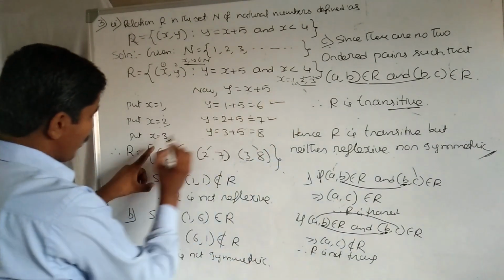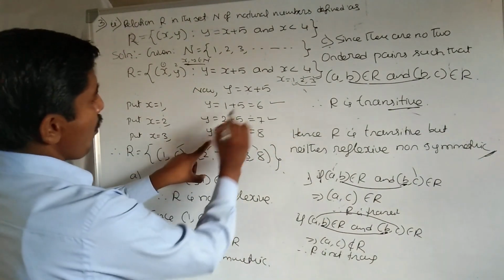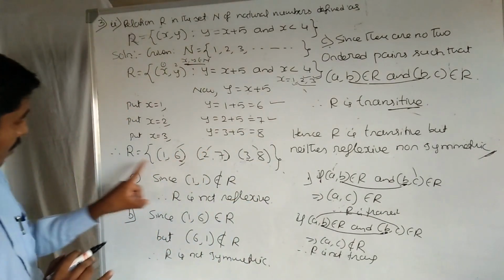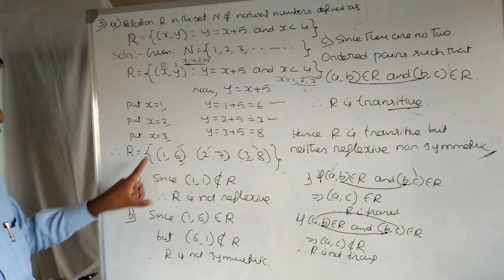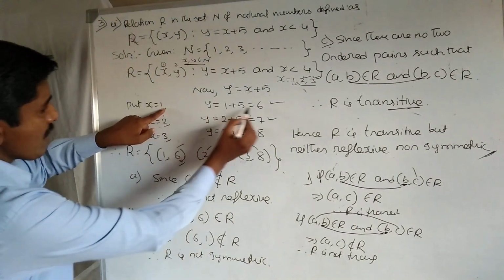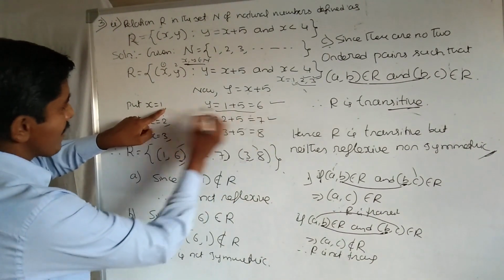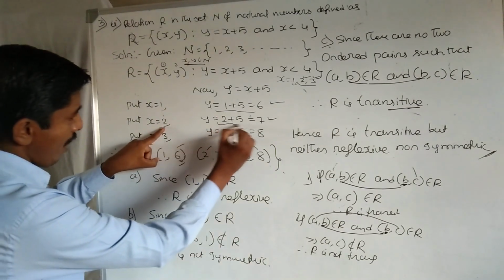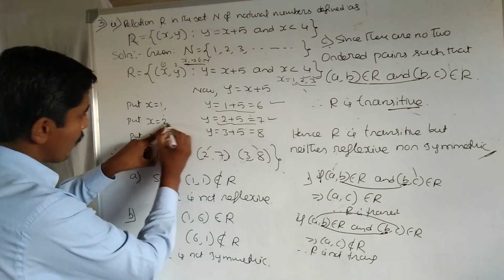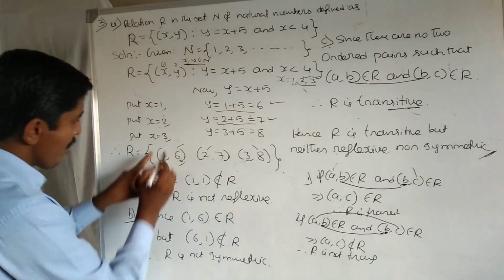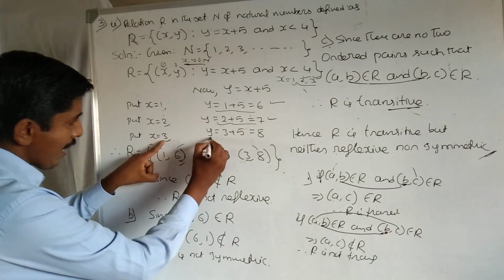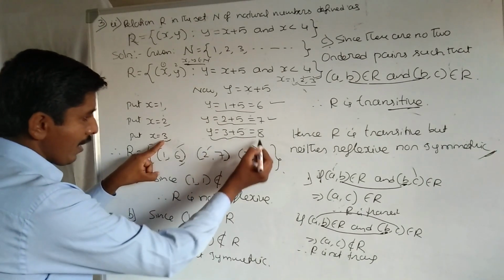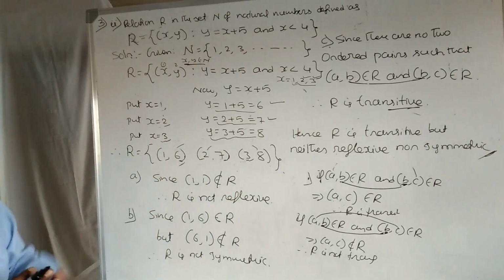Next, x equal to 3, y equals 3 plus 5, which is 8. Now write the relation R: for x equal to 1, the corresponding y is 6, so (1, 6). For x equal to 2, the corresponding y is 7, so (2, 7). For x equal to 3, the corresponding y is 8, so (3, 8). Is it reflexive?